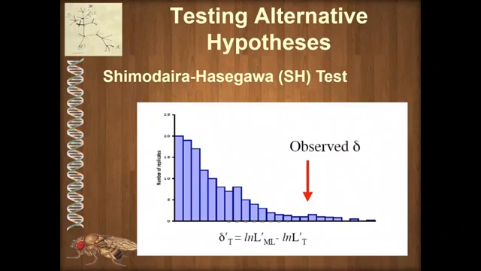Now, anytime you're testing alternative hypotheses, you need some sort of a statistical test to either accept or reject the alternative hypothesis. You know, to say, is hypothesis A significantly different than hypothesis B? And then we run some sort of a statistical test to determine whether they really are significantly different.